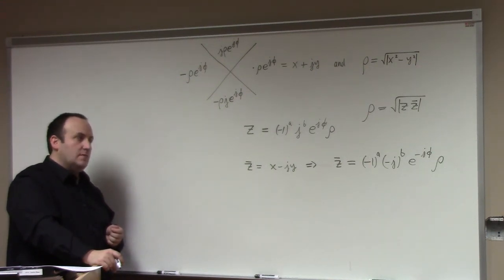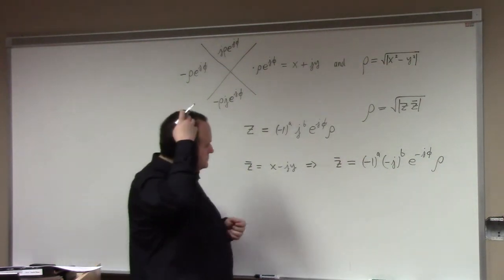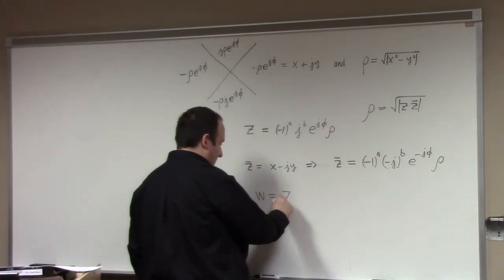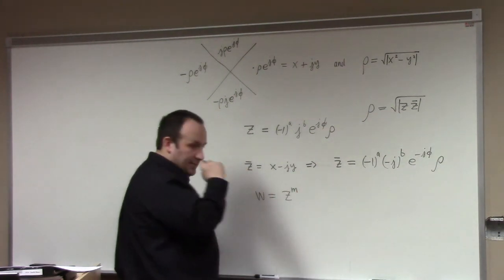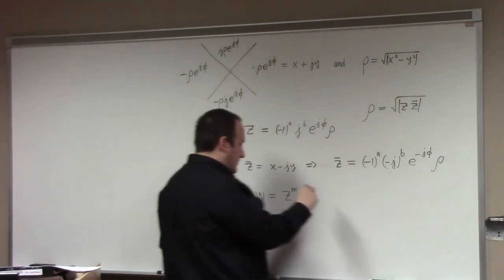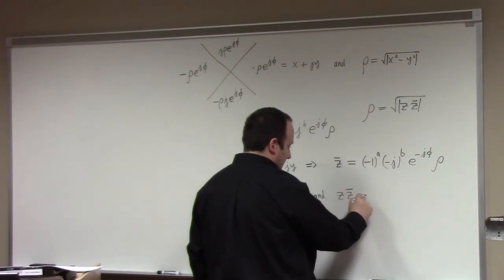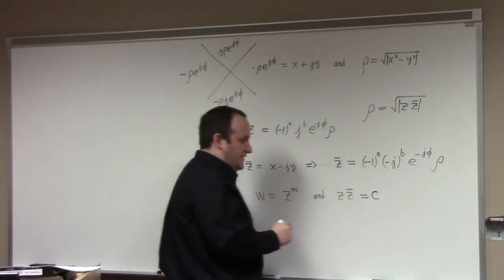Notice, if we let w equal z to the m, and if z bar is equal to c, so z bar equal to c is what?